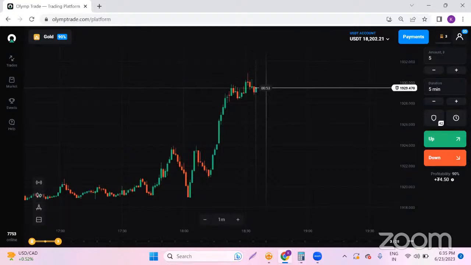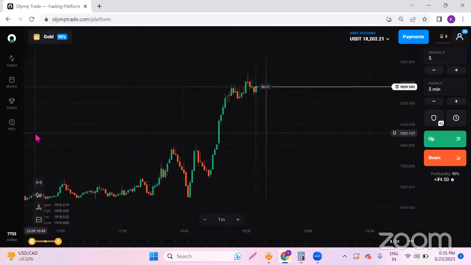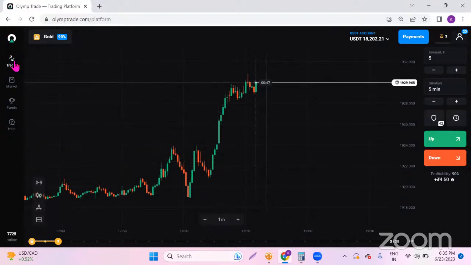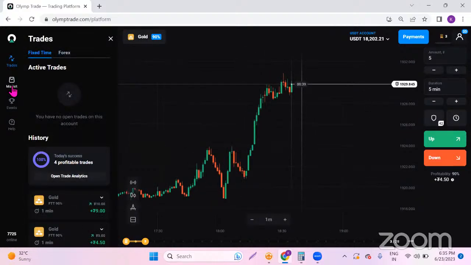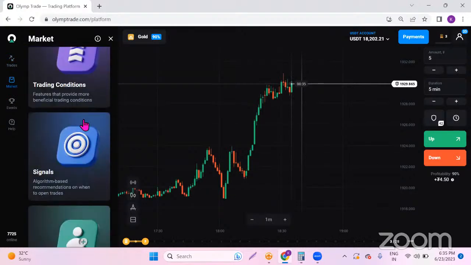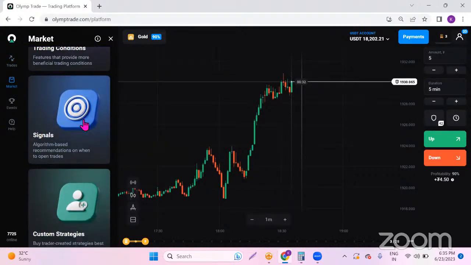Let's take a small tour before we talk about Excel. What you see is my web version of the OLYMP TRADE platform. On the left side, we see the trade section. Then we have the market section, where you can see different strategies, indicators, themes, and all of that.